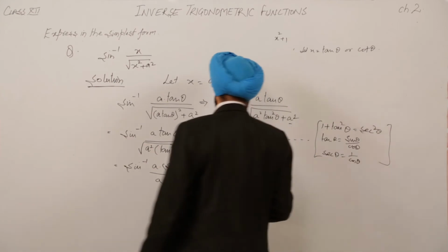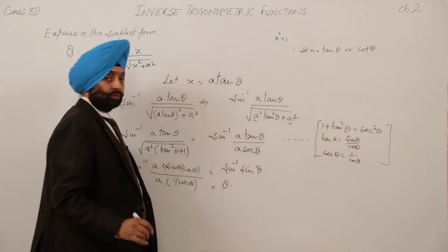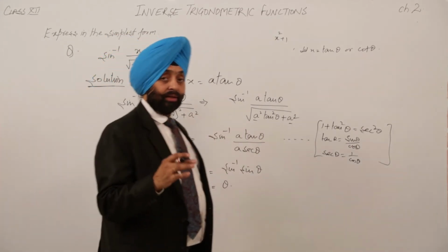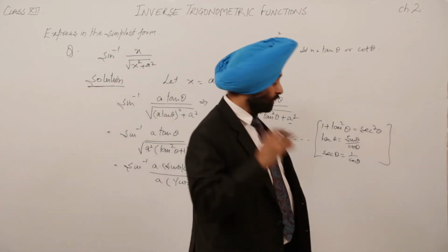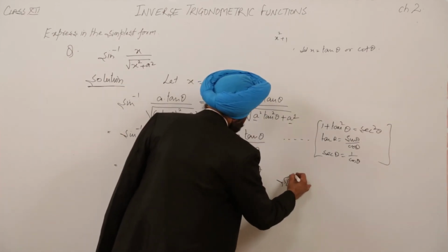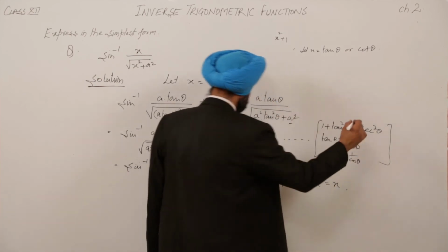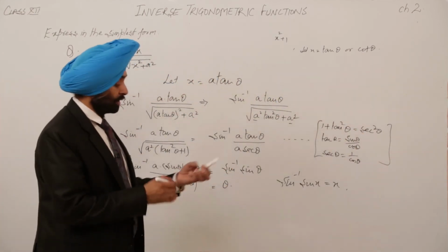Now sine inverse sin theta means what? It becomes theta. We are aware that sine inverse sin x is equal to x, so you can write it here. Now what is this theta? Again let's check.